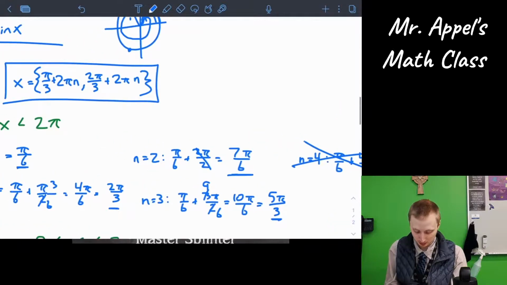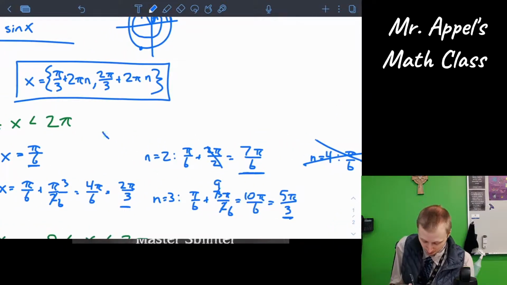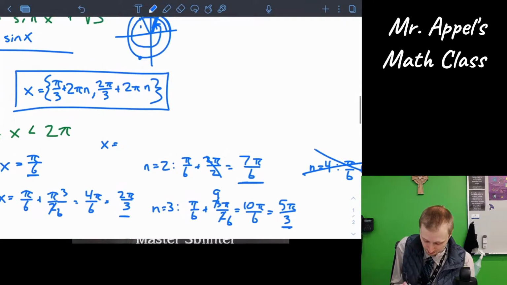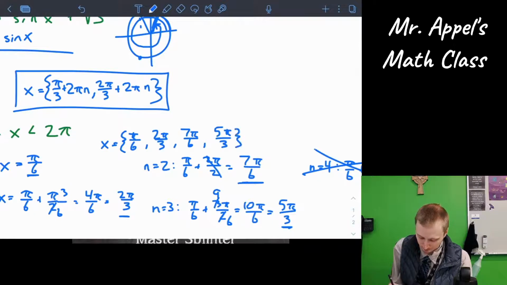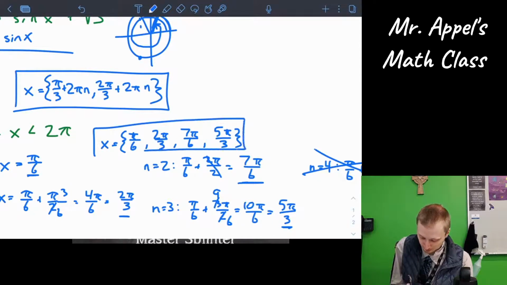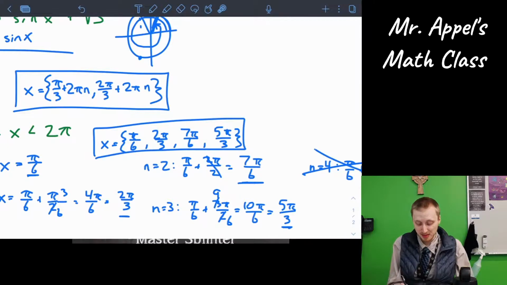So you just set all of those together, our x's could be pi over 6, 2 pi over 3, 7 pi over 6, and 5 pi over 3. At that point, I've got 4 good points there.